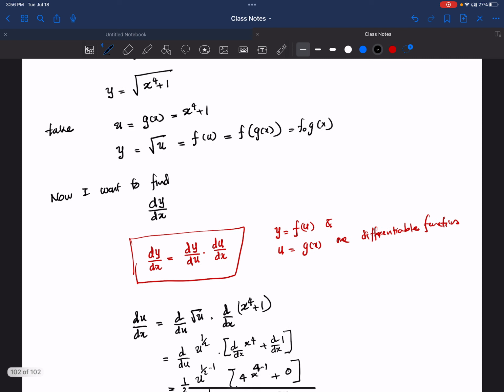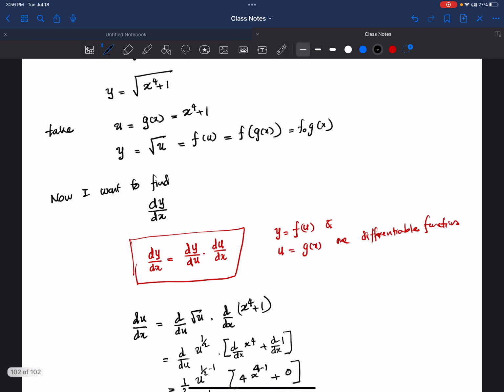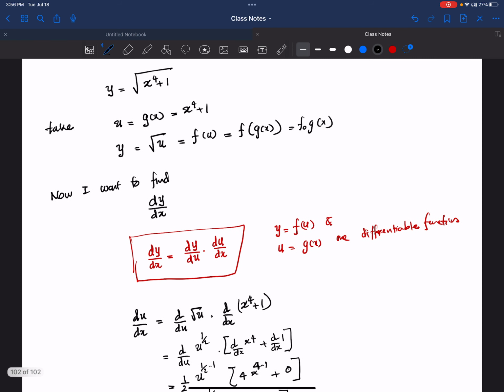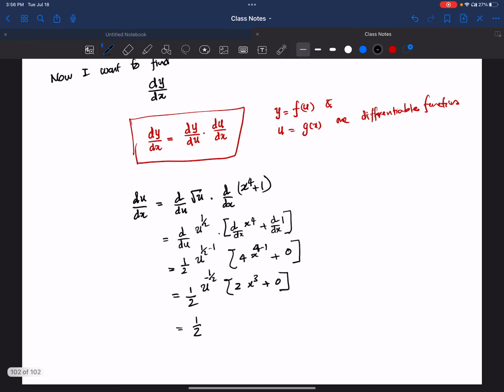U is equal to x to the power 4 plus 1, so I'm going to replace this one: x to the power 4 plus 1, negative half, times 2x cubed.